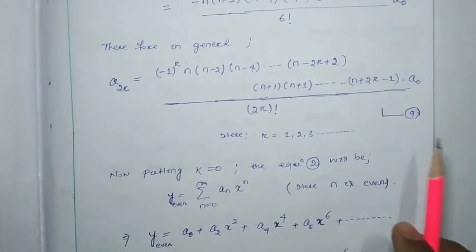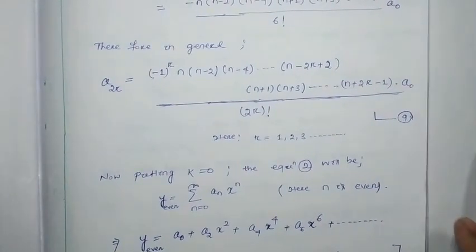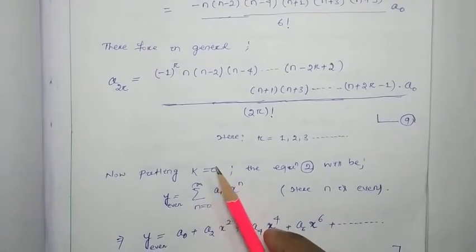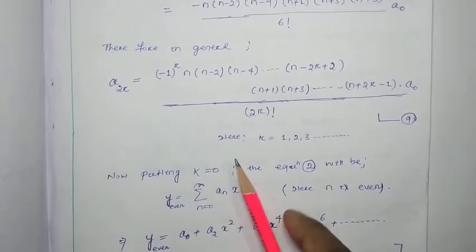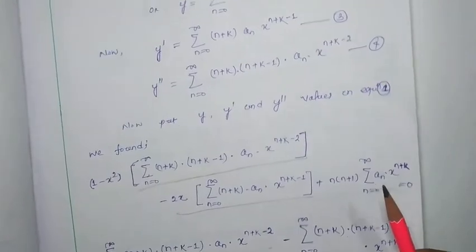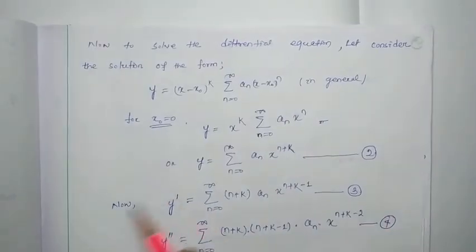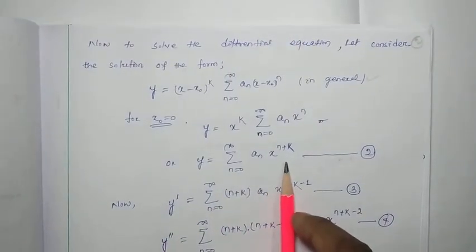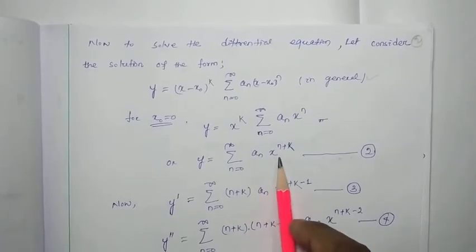Now we are going to consider the general solution. Okay, so for k equal to 0, the equation number 2 will be how much? Because the general solution we have considered is our general solution by considering the so-called extended Frobenius method.